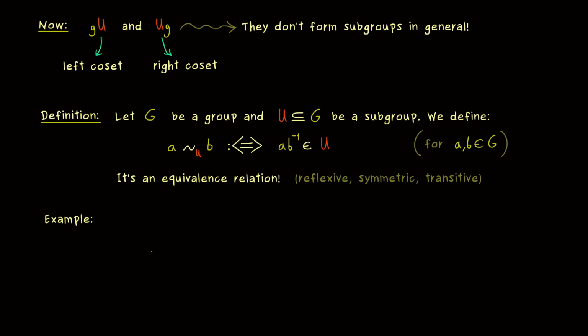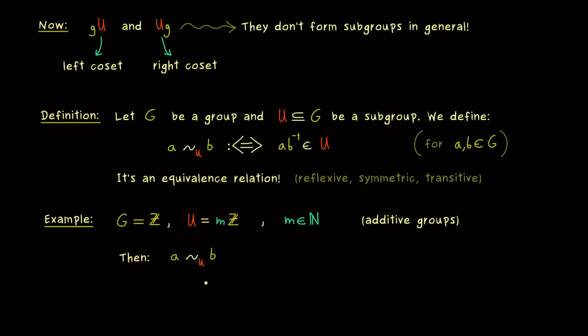Now in order to illustrate that, let's look at a common example. Let's simply take G as the integers together with the addition. And then we already know a subgroup U can be described as MZ. So these are only the integers that are multiples of a given natural number M. And with that it turns out that we actually already know this new equivalence relation.